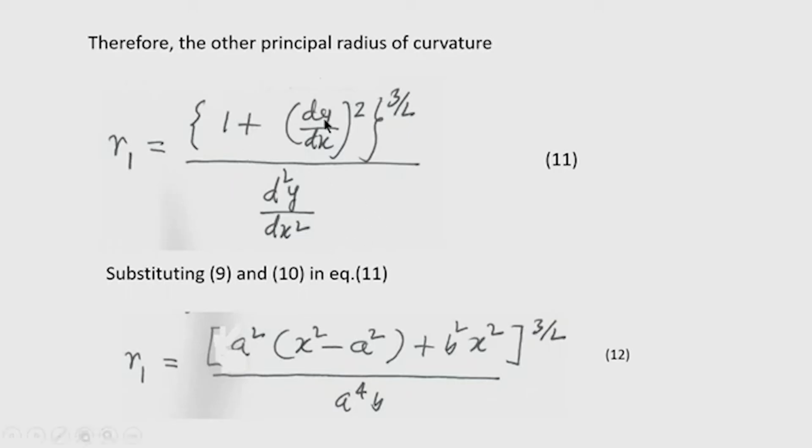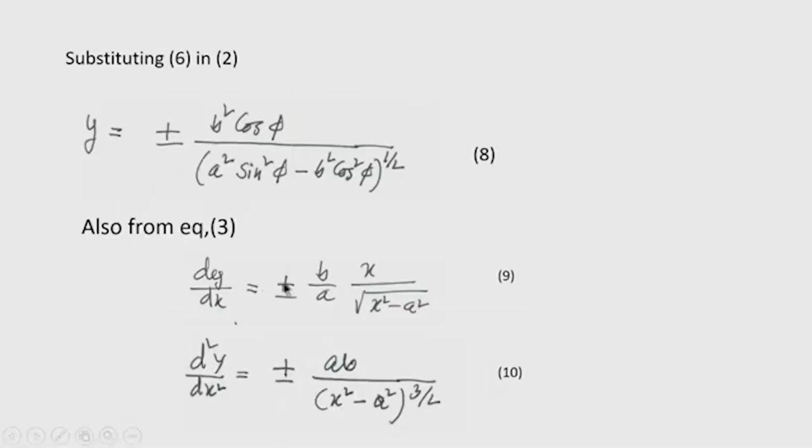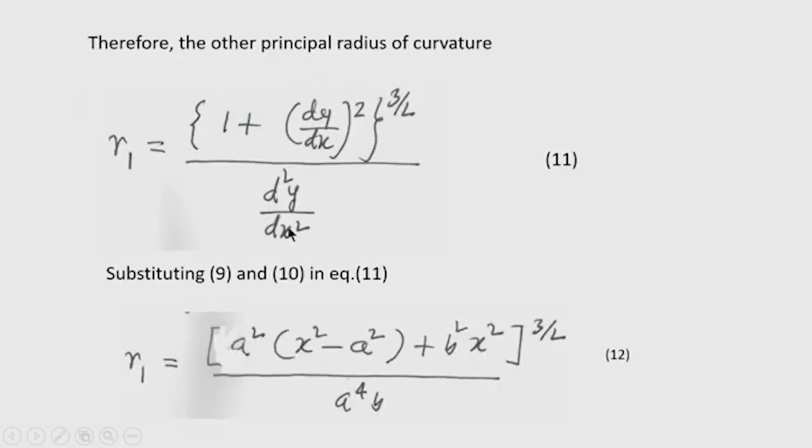So, substituting these two quantities, equation number 9 and 10, we will get r 1 in terms of x and other parameters of the hyperbola. So, r 1 equal to s square into x square minus s square plus b square x square raised to the power 3 by 2 divided by a to the power 4 b.